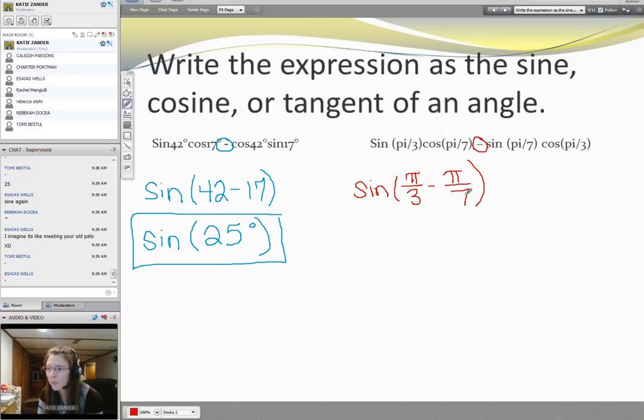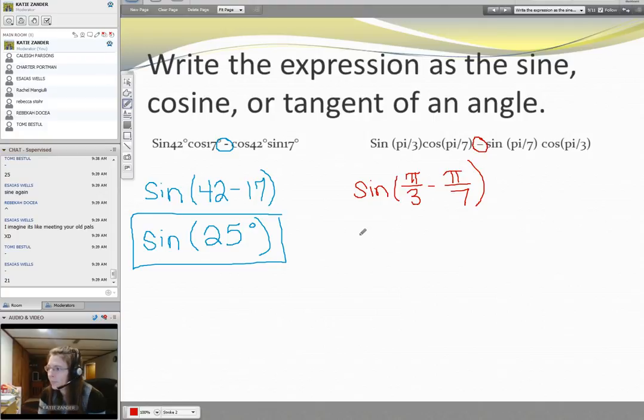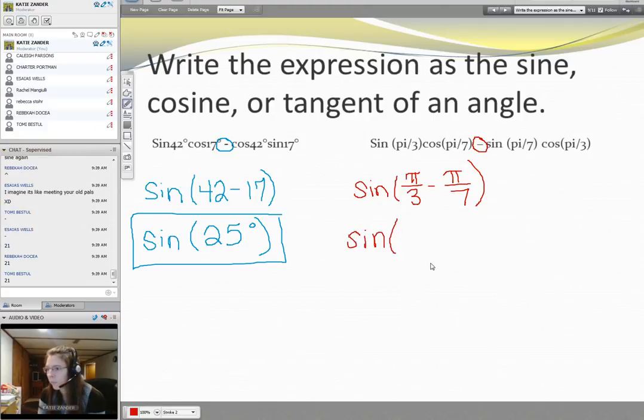This one we have a little bit extra work to do because we can't technically subtract until we have a common denominator. What is the common denominator between 3 and 7? 21. So we're going to rewrite this as 7 pi over 21 minus 3 pi over 21.